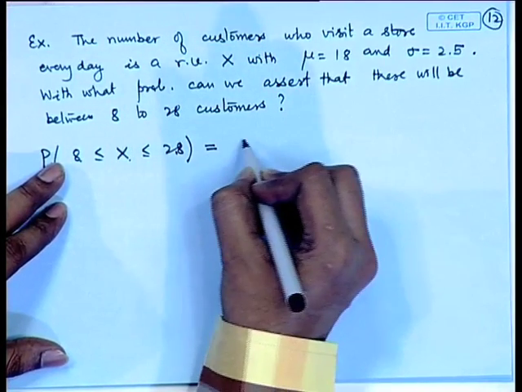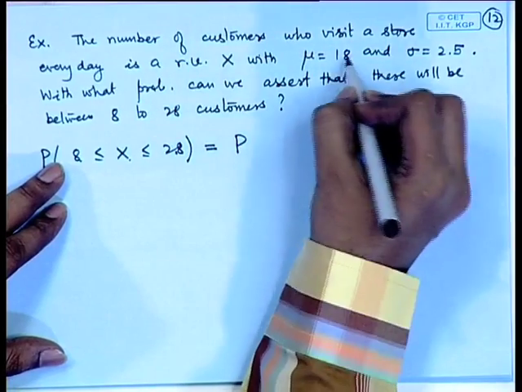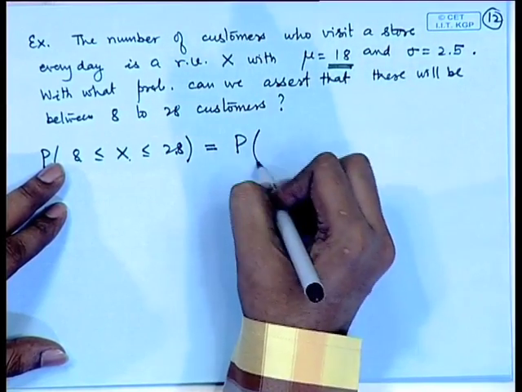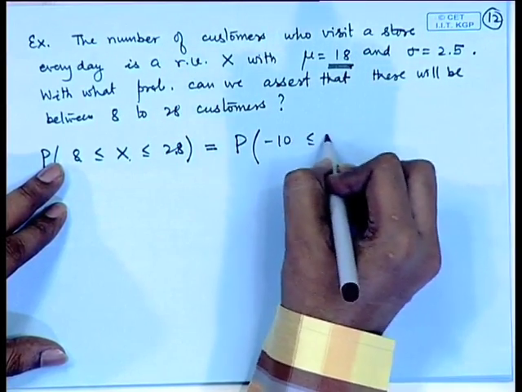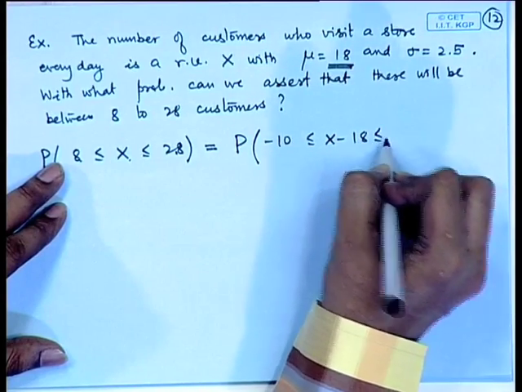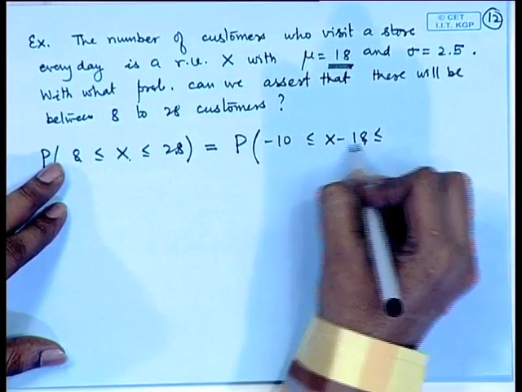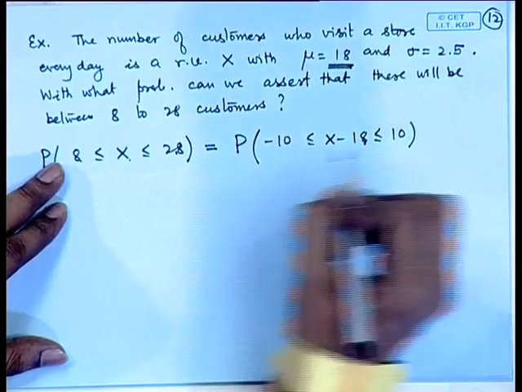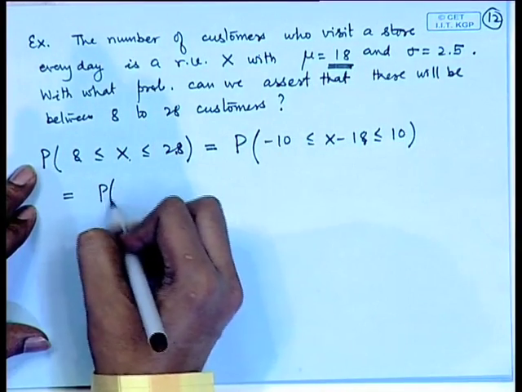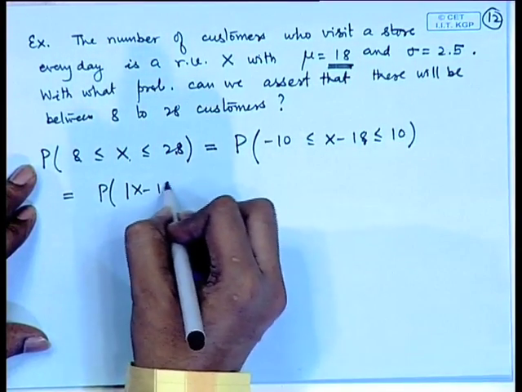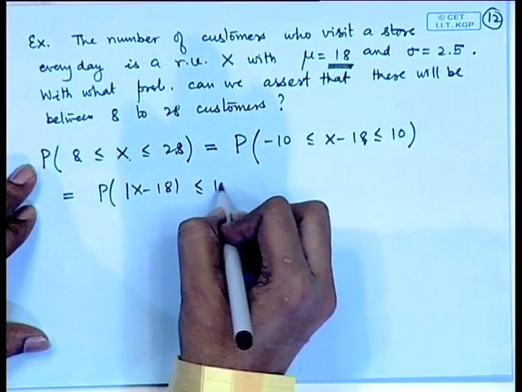If we want to utilize Chebyshev's inequality, here the mean is given to be 18. So, this becomes the probability of x minus 18 lying between minus 10 to 10. That means probability of modulus x minus 18 less than or equal to 10.